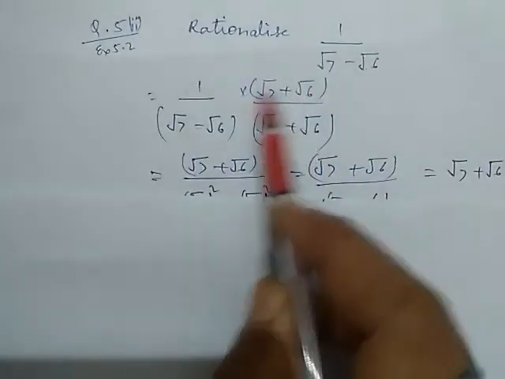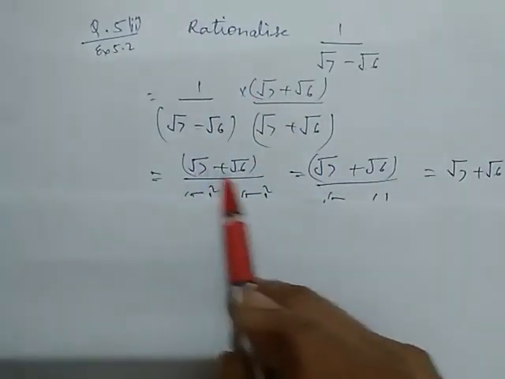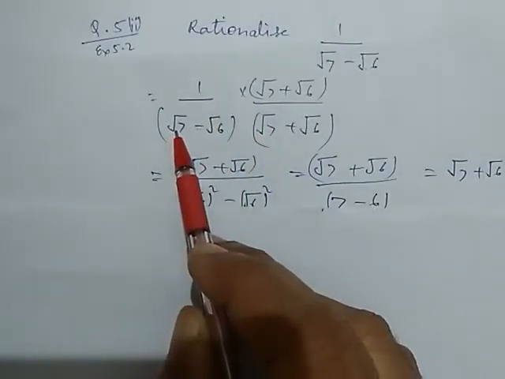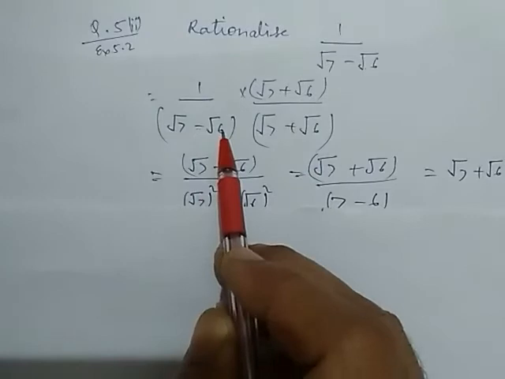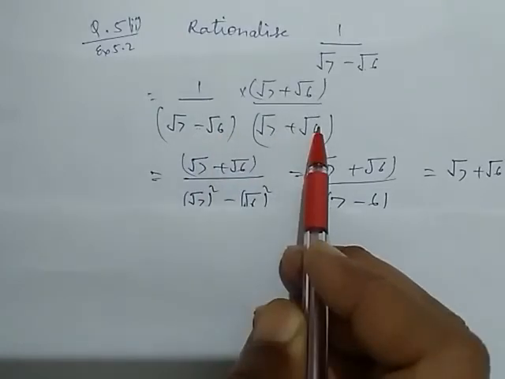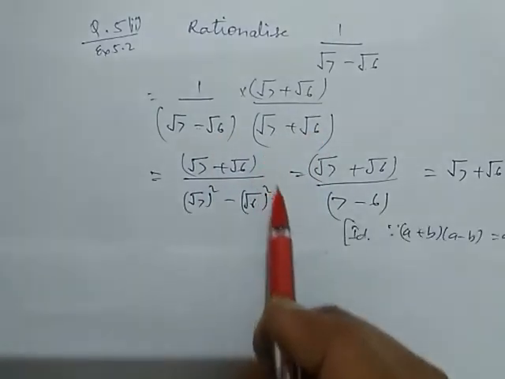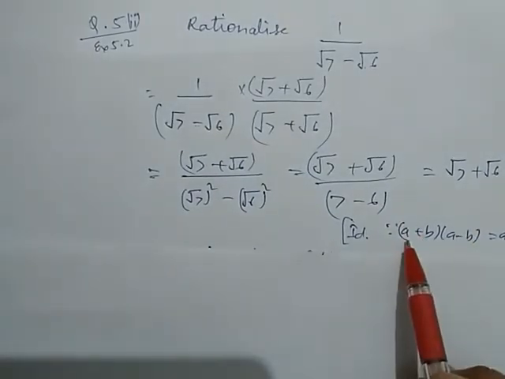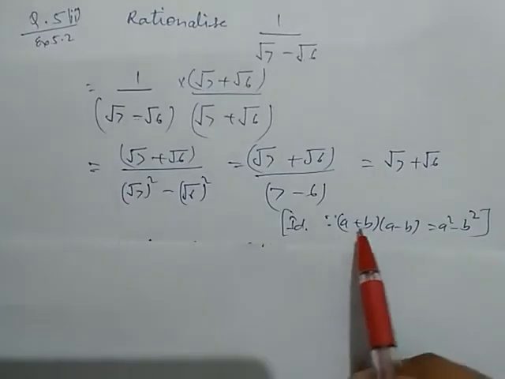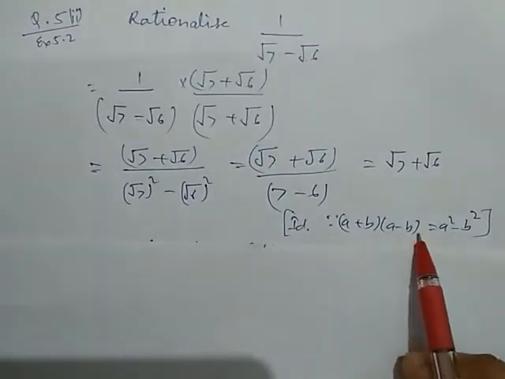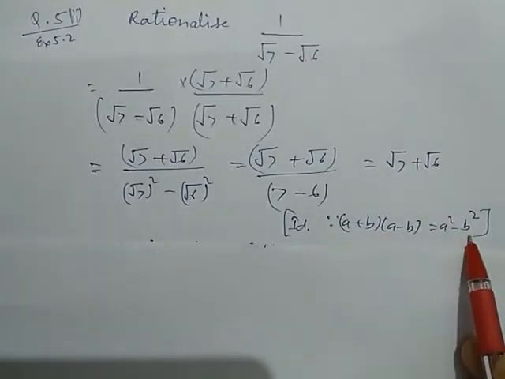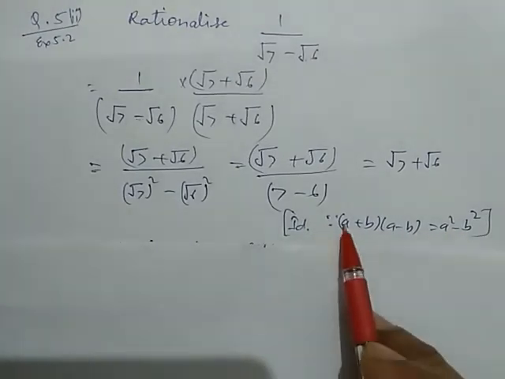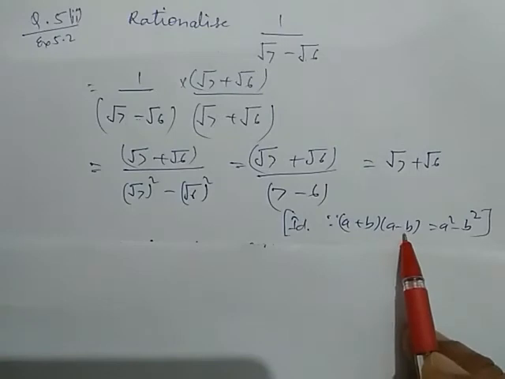So multiply this by 1, we get root 7 plus root 6. Here this is considered as a minus b, a plus b. Okay, so this is our identity. The identity is, if a plus b multiplies with a minus b, we get a square minus b square, or vice versa. If we have a square minus b square, we can write a plus b into a minus b.